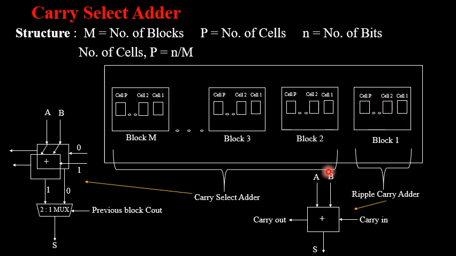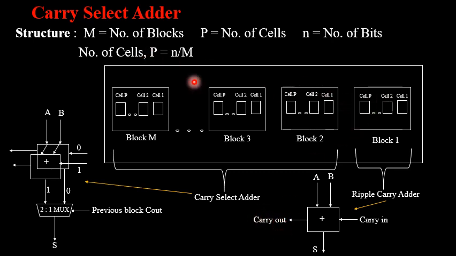Cell 1 you represent like this: A0, B0, S0, Cin, and it generates the carry output C0. Cell 2 you represent in the same way, but with the next bit: A1, B1, sum S1, and the carry input will be the carry output generated from the first cell, that is C0. C0 is applied over here and it yields the output C1.